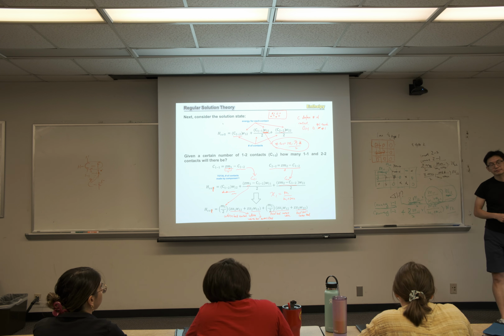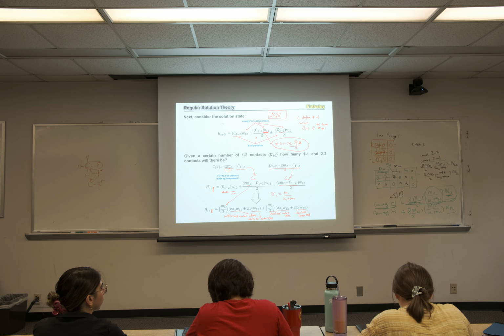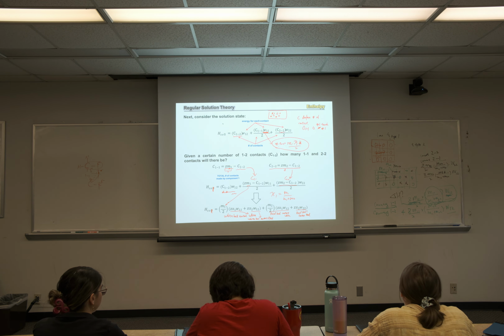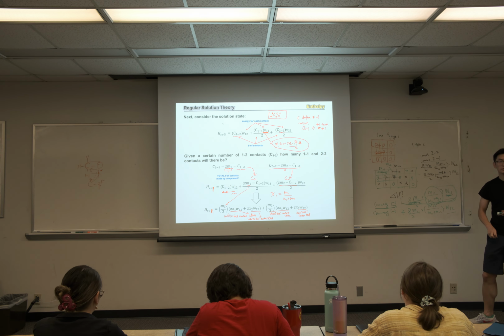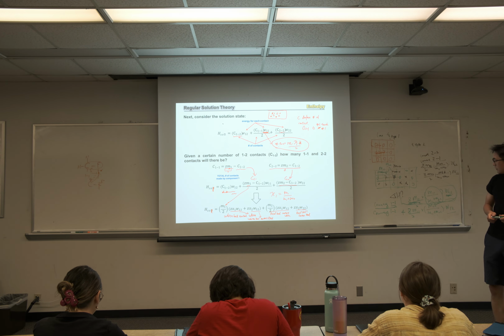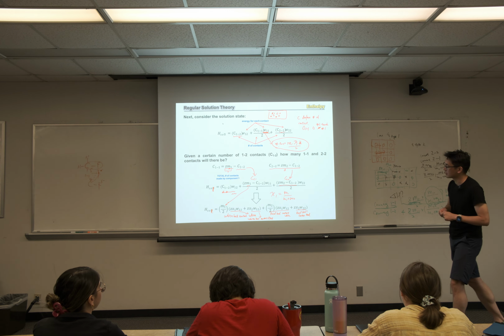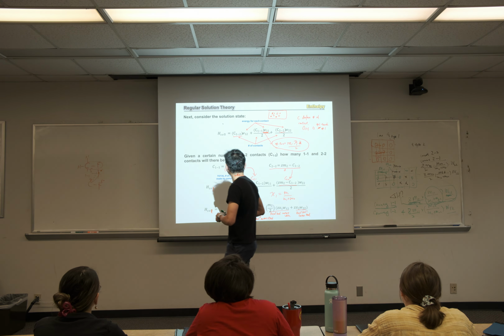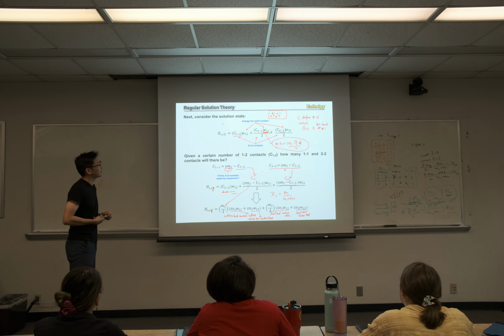So by doing the 1-2 interaction in green and the 2-1 interaction in black, you're not double counting? No, because each time we normalize by 2. Got it. Okay. If we don't divide by 2, that will be double counting. Okay. Any questions so far?